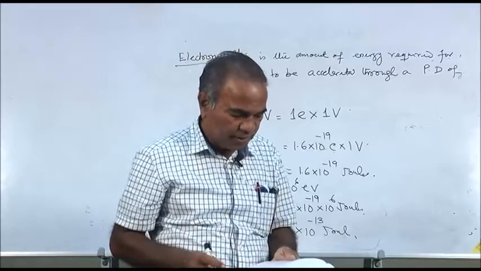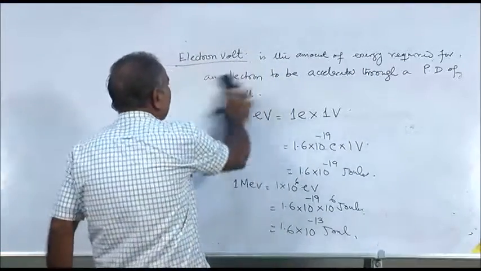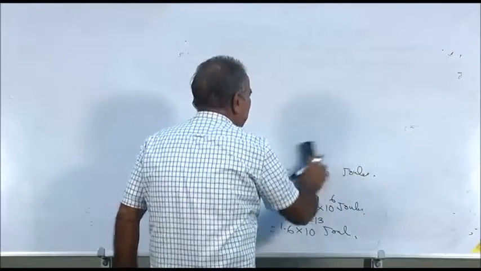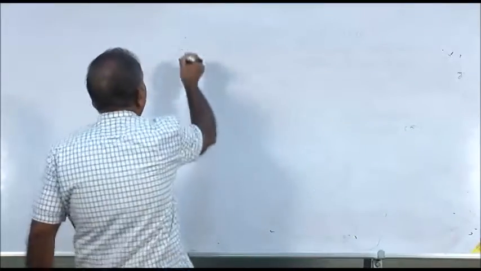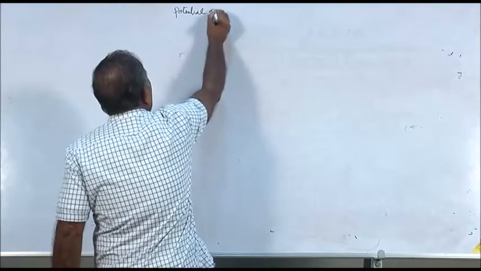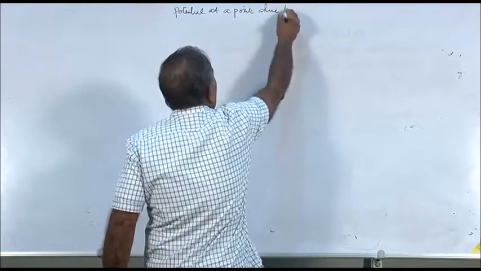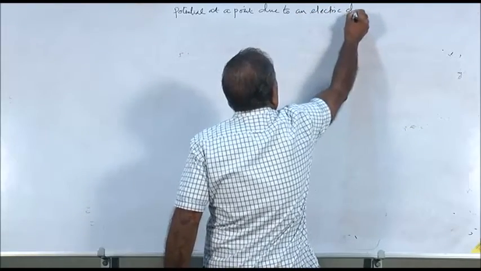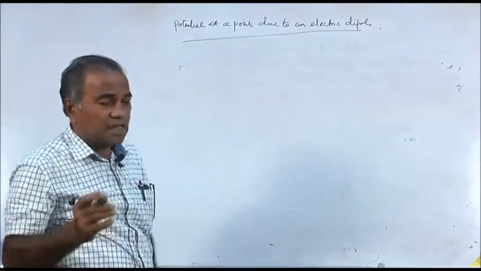Then we will find the potential at a point due to an electric dipole. Last time I told what a dipole is.